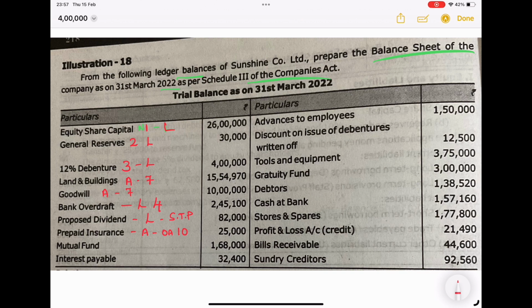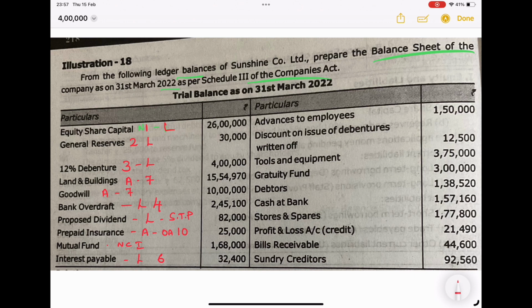So we can make an assumption that this is a long term investment, so we can write it in non current investment. Interest payable is related to liabilities, that is under other current liabilities, note 6.